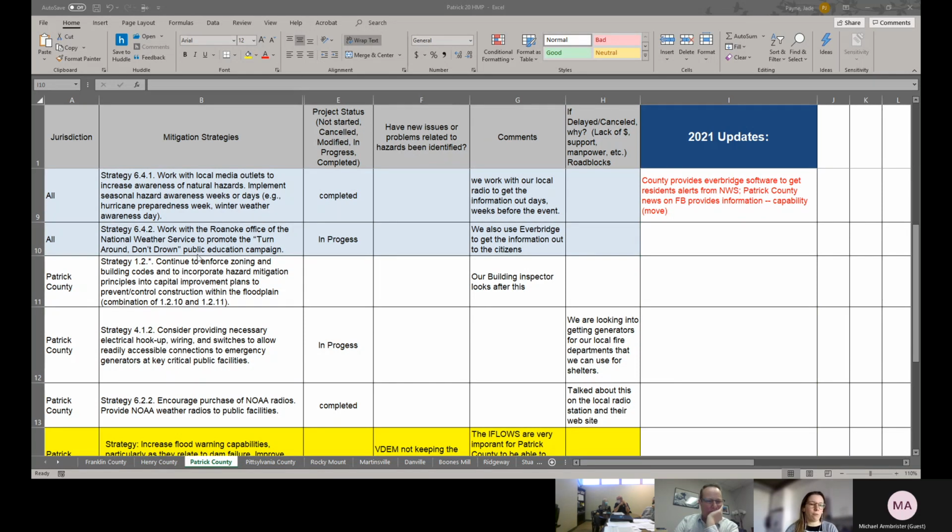Strategy 6.4.2, work with the Roanoke office of the National Weather Service to promote the Turnaround, Don't Drown public education campaign. And that's where you also said you use Everbridge to get the information out. Yes. Okay, so this sounds like this is also a capability.